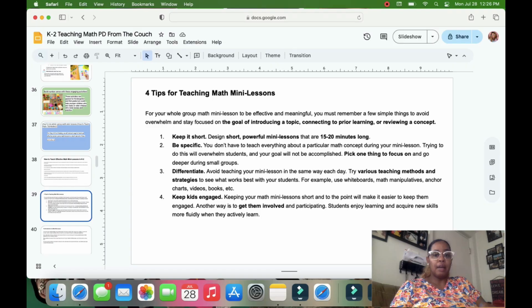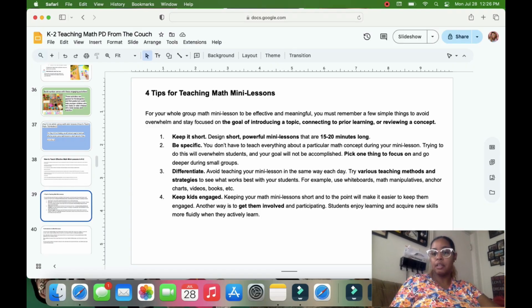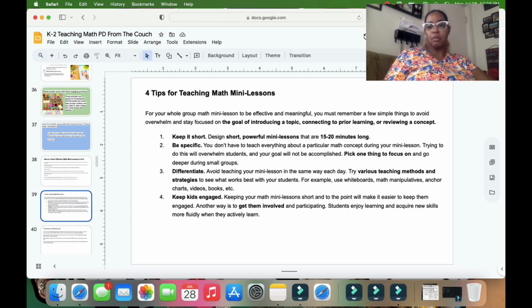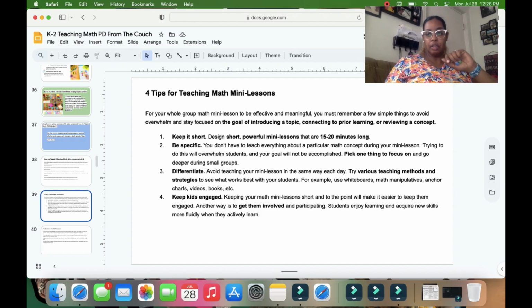Some four tips that I found for teaching math mini lessons are these, plain and simple. For your whole group math mini lesson to be effective and meaningful, you must remember a few things, to avoid being overwhelmed and stay focused on the goal of introducing the topic prior to the learning and then reviewing the concept. So keep it short, be specific, differentiate, and then, of course, keep the kids engaged.